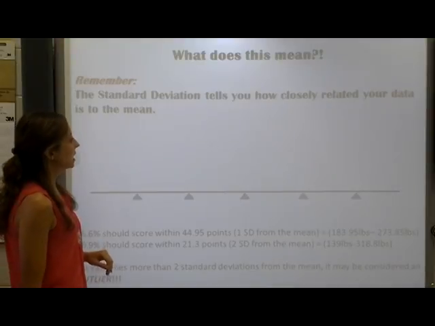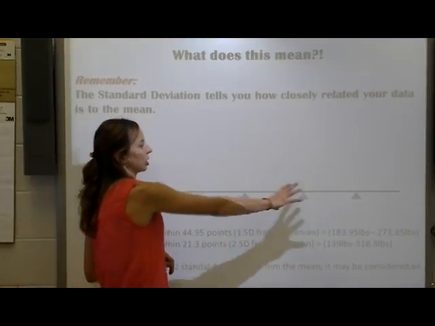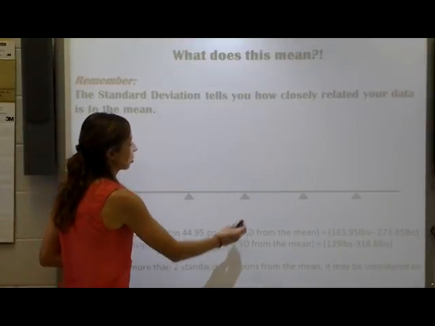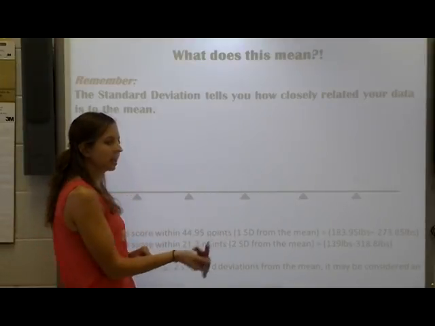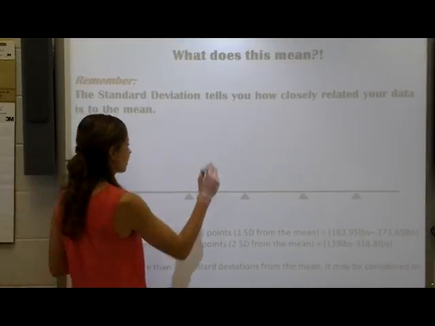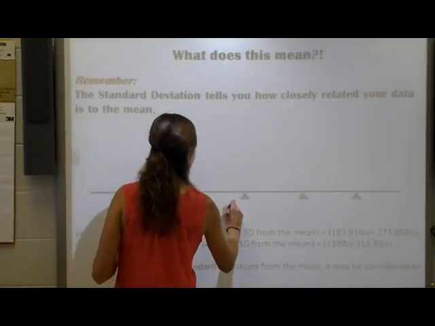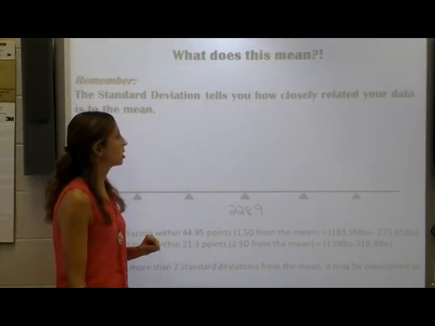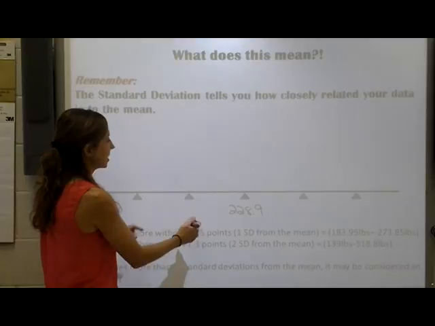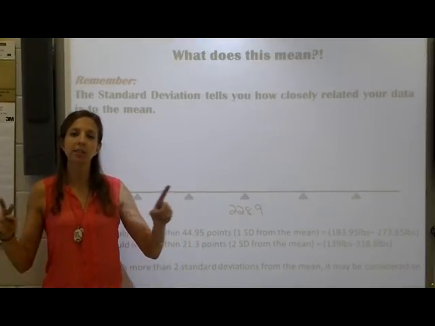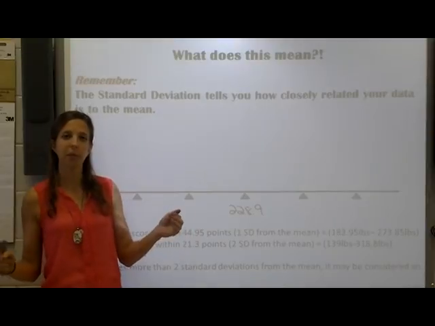So now, let's just take a look at what this would look like on a bell curve. To do this, we're going to start with the mean or the average weight of the entire football team. That number was 228.9 pounds. Okay? And the next thing we do is we talk about, well, what's the weight's one standard deviation from the mean?